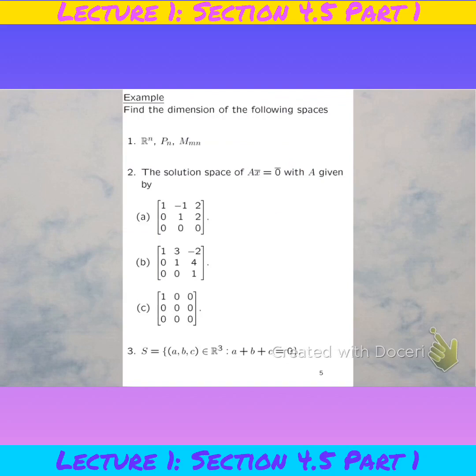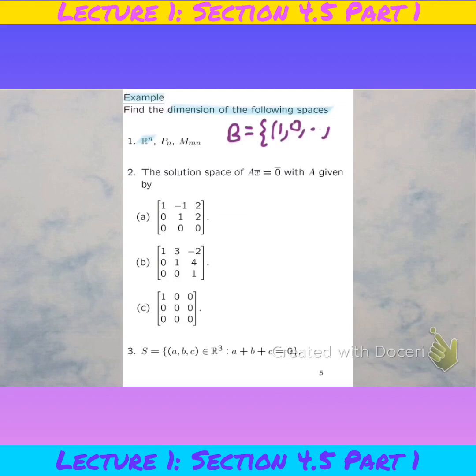Okay, now in this example, they ask us to find the dimensions of the following spaces. So if we look at Rn, how many vectors? Well, it helps to look at the standard basis. The standard basis for Rn, remember, is all these unit vectors. I'm not going to write this all out.